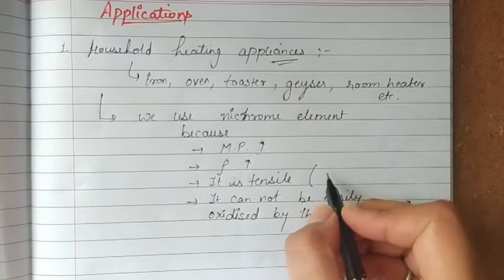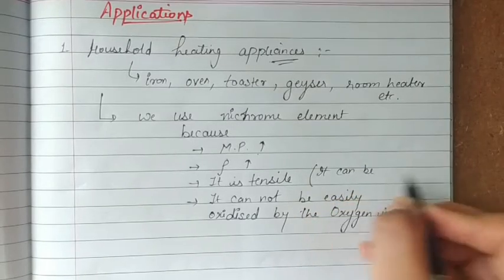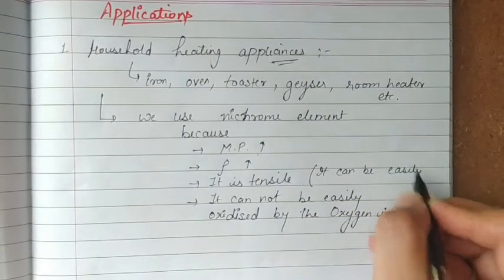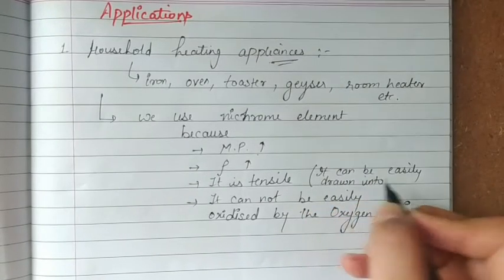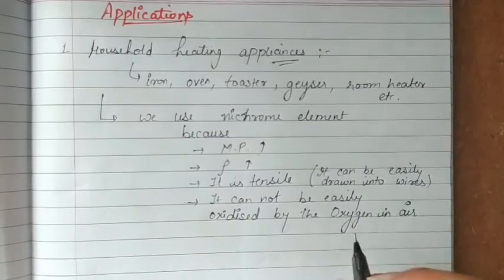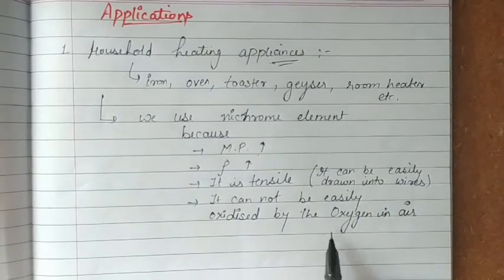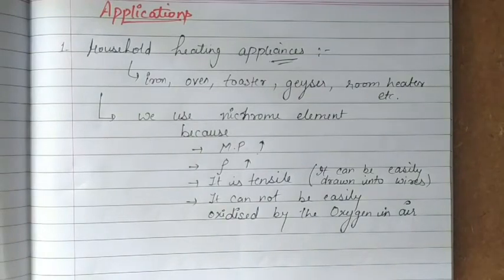I mentioned here tensile means it can be easily drawn into wires. And the last is it cannot be easily oxidized by the oxygen present in air. It means it is durable, जल्दी खराब नहीं होगा, you can use it for a long time, right?